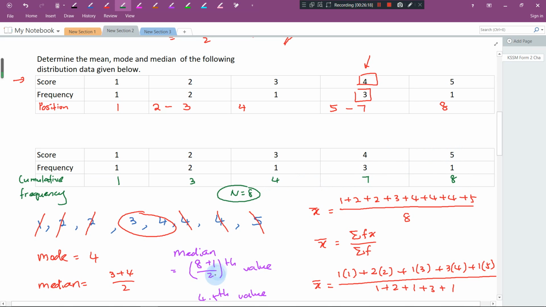So if I want to take the fourth data plus the fifth data, I just take this one plus this one, because the fifth to the seventh is this. So you take these two added together divided by 2. So if you think using cumulative frequency will make you confused, you can use this position. Okay, up to you. If you understand and use it correctly, you will get exactly the same answer.